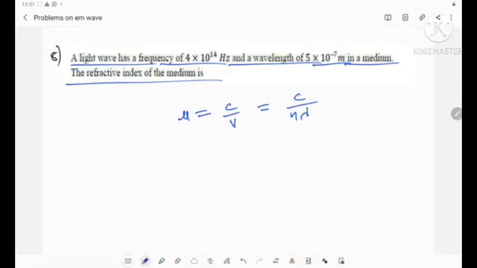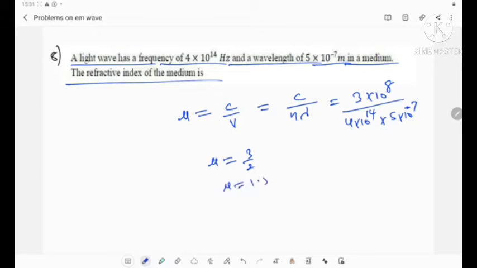Therefore C by n lambda. Here C is given as 3 into 10 to the power of 8, by n which is the frequency 4 into 10 to the power of 14, and wavelength is 5 into 10 to the power of minus 7. This becomes mu is equal to 3 by 2. Therefore mu is equal to 1.5. This is the refractive index.